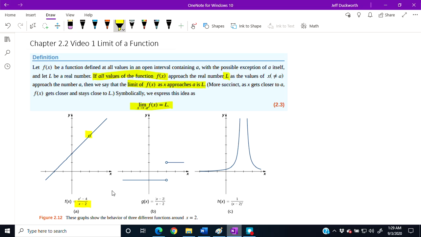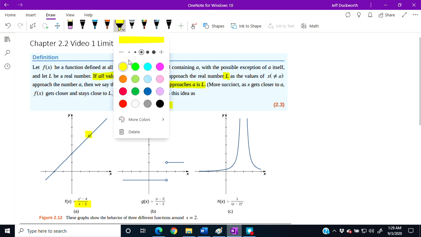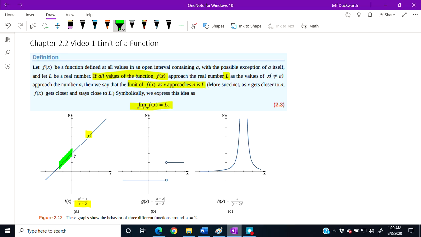Well, according to our definition, the fact that the function doesn't exist at 2 isn't that big of a deal. In this case, we're looking from the left. The values are getting closer and closer to the real number 4. So the y value is 4 as x gets closer and closer to 2.